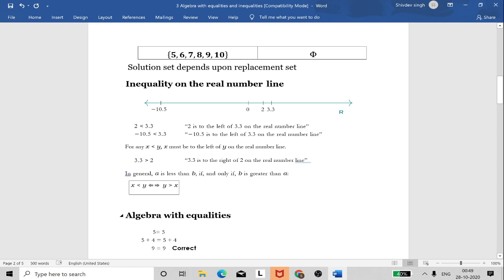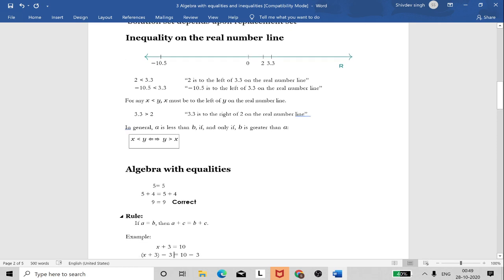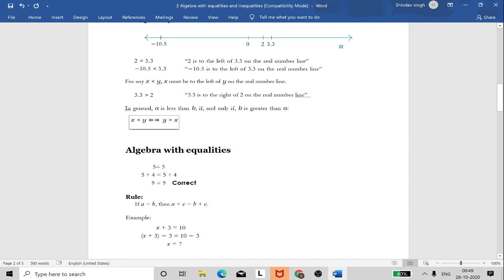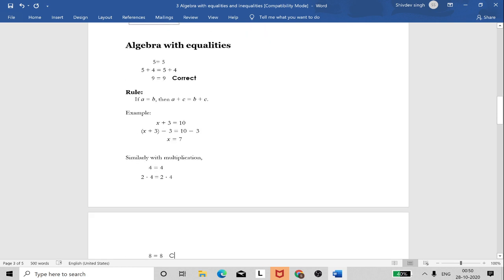Now, what is the algebra behind equalities? 5 is equal to 5. If we add 4 on both sides, we will get 9 is equal to 9, which is correct. So, a general rule will be: if a is equal to b and we add some number c, then we will get a plus c is equal to b plus c. Again, we take up the example x plus 3 is equal to 10. If we subtract 3 on both sides, what do we get? x is equal to 7.